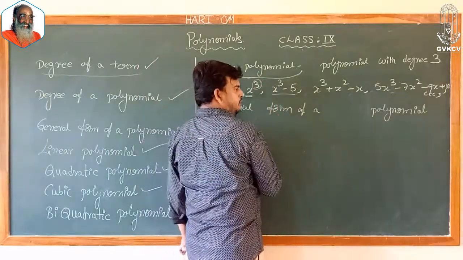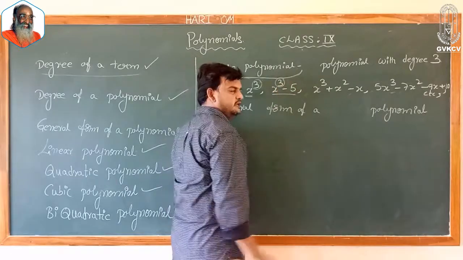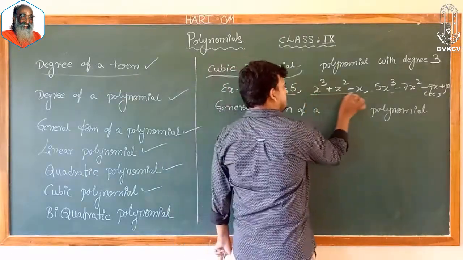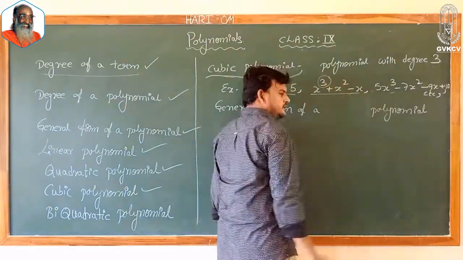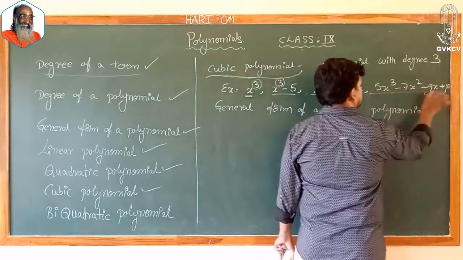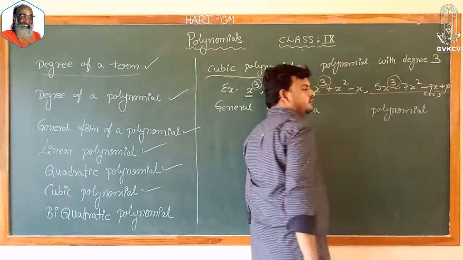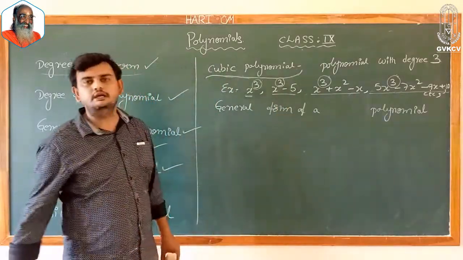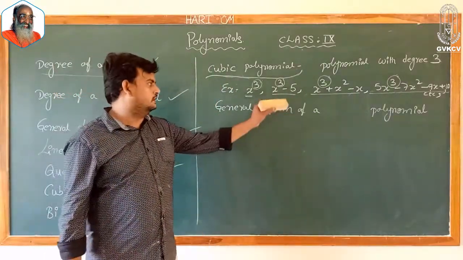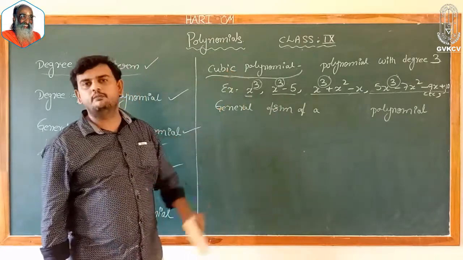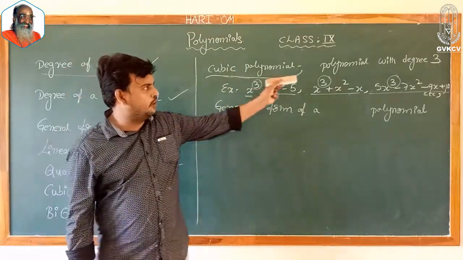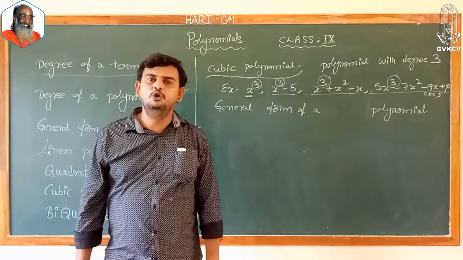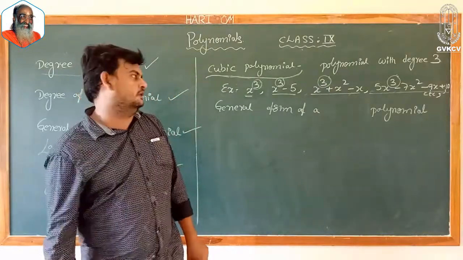In this polynomial also, the highest variable power is 3. All these polynomials have degree 3, so they are called cubic polynomials. So a polynomial with degree 3 is called a cubic polynomial.